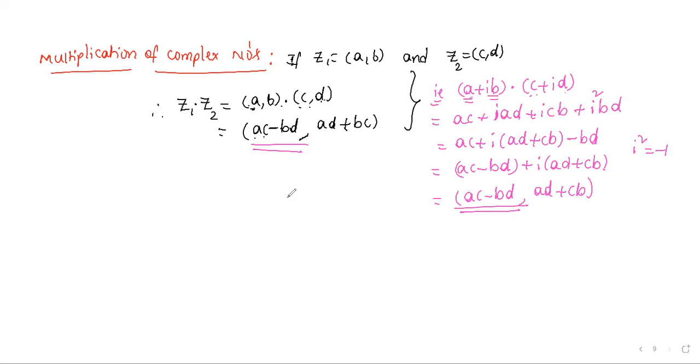Okay, so this is the multiplication of two complex numbers. So this is the way we have to solve any problem by using the properties of complex numbers: addition, multiplication, and also division, subtraction. So keep learning. If you have any doubts, please WhatsApp me. I will respond immediately. Thank you so much. Have a wonderful day.